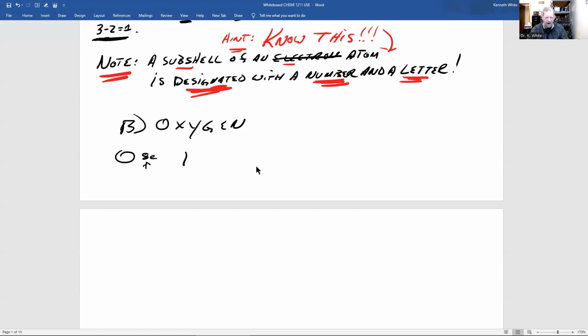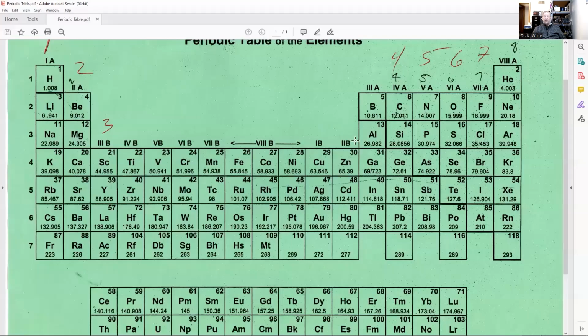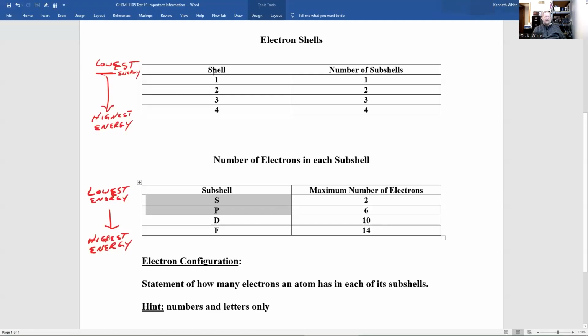The lowest energy is shell 1, and the subshell is s. How do you know that? You always fill the lowest energy shell and the subshell in that lowest energy shell.